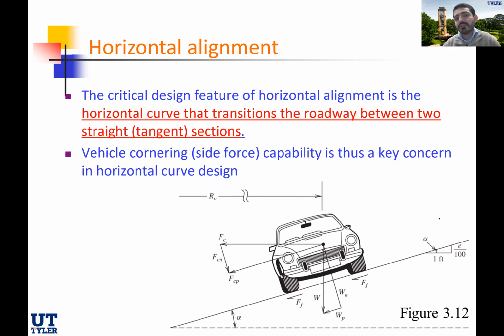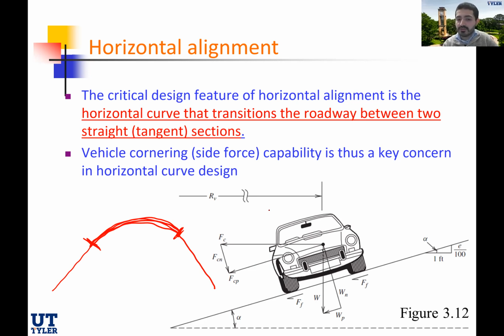The critical design feature of any horizontal alignment is the horizontal curve that transitions the roadway between two straight tangents. That's the goal: I have a tangent, a curve, and a tangent. While the vehicle is going through this horizontal alignment, we're interested in understanding what we call the vehicle cornering, or the side force capability, which is one of the key concerns in any horizontal design factor.